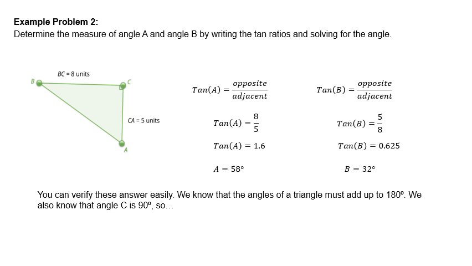We found angle A, we found angle B, but we also know that C, because it's a right triangle, is 90 degrees. So if we test it, we can see that the 90 degrees, which is angle C, plus the 58 degrees for angle A, plus the 32 degrees for angle B equals 180 degrees. Because our three angles add up to 180, it looks like our answer is pretty good.